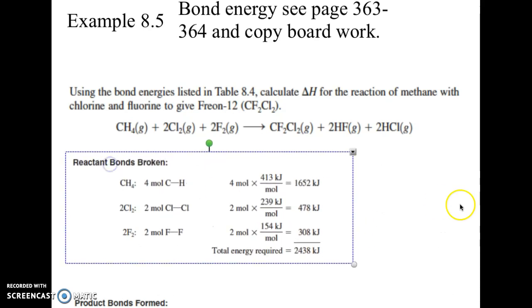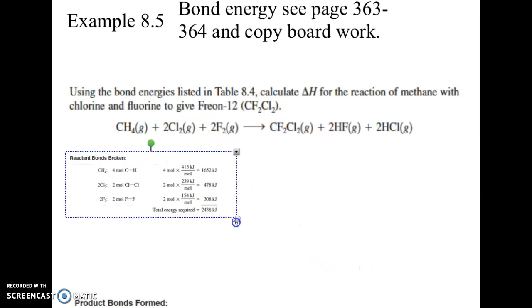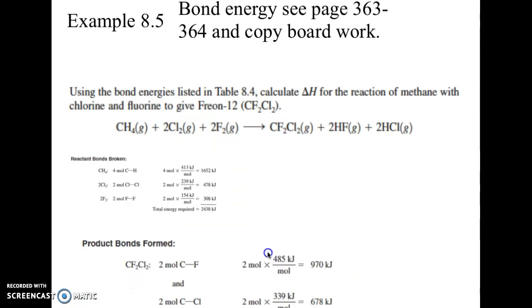Okay, so the first thing you're going to do is take a look at your reactant bonds. There are 4 carbon-hydrogen bonds, 2 chlorine-chlorine bonds and 2 fluorine-fluorine bonds, and you calculate the total energy required. I'm going to make that small so I can get these all in here.